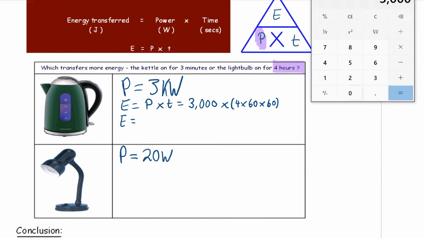So I'm just plugging in those numbers into the calculator. I'm going to double check that again in a moment.